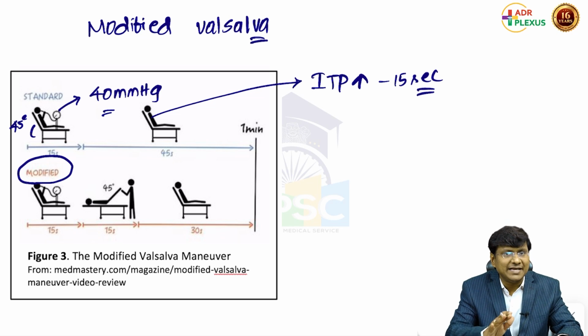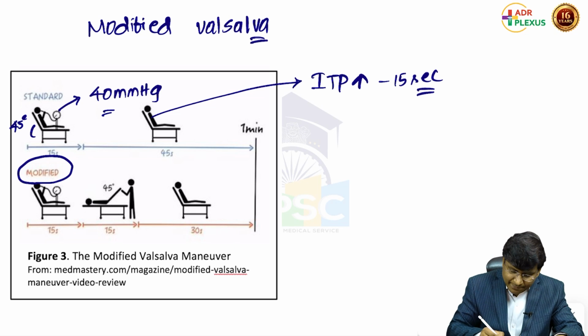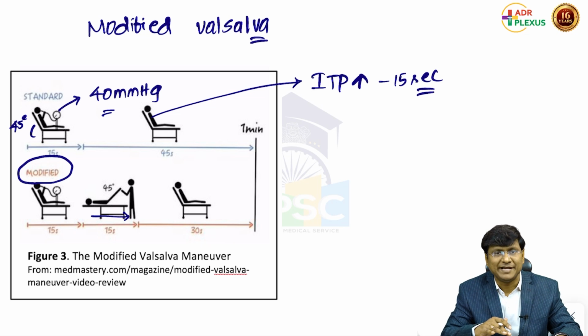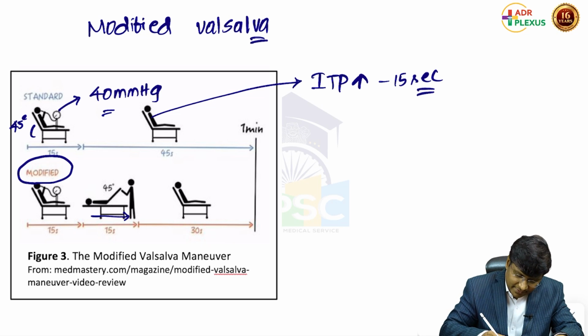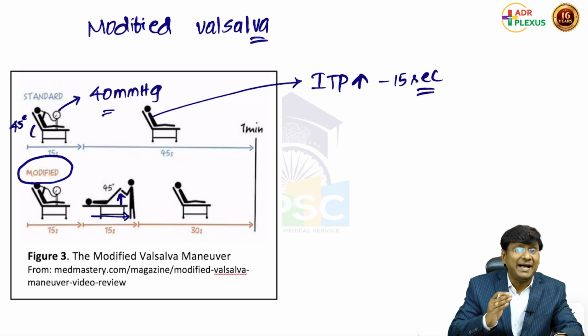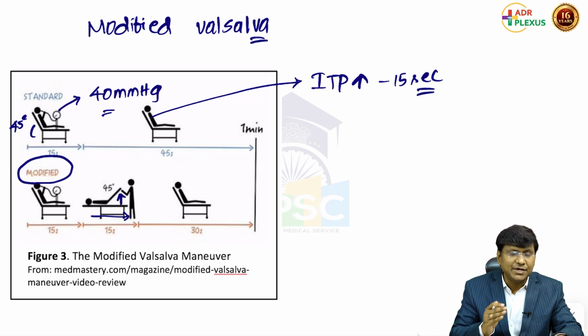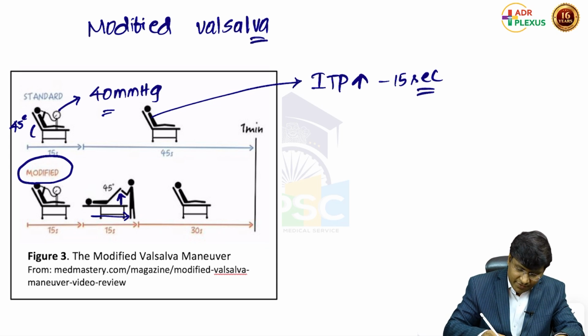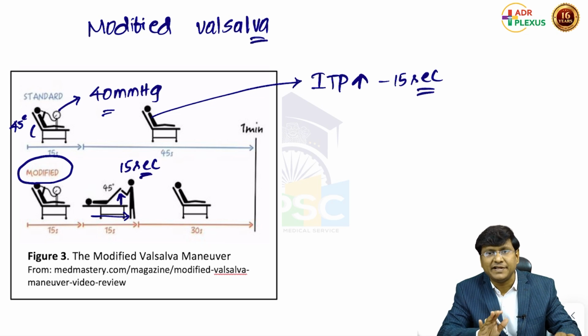Now, after that, move the patient into the supine position immediately, and then you need to do a passive leg raising. This has to be done for nearly 15 seconds.